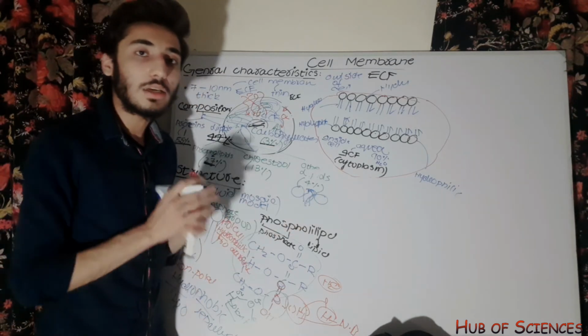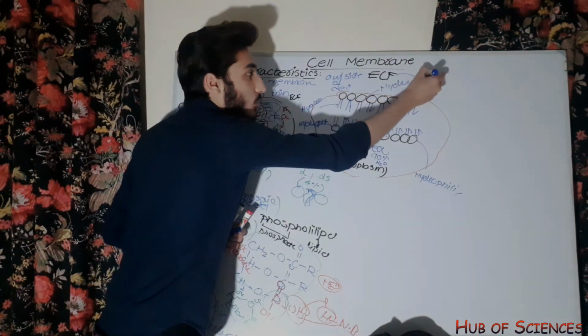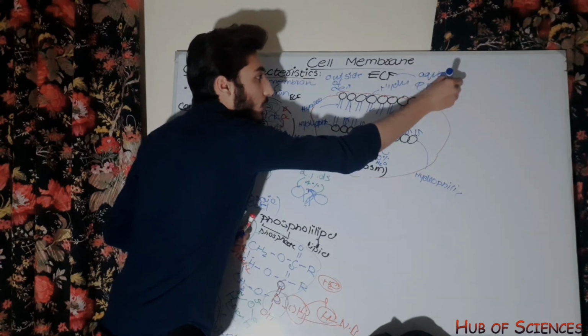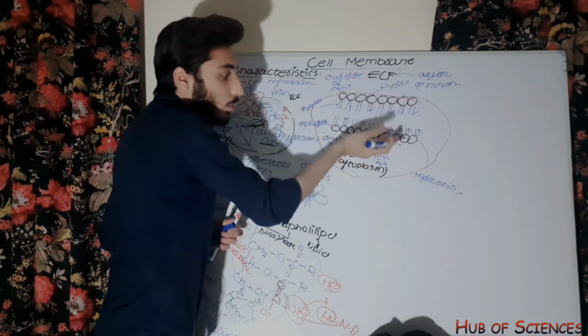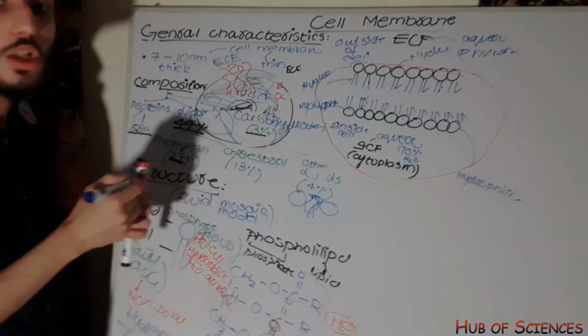Interstitial fluid also contains a large amount of water, so we also call the ECF an aqueous environment. So the heads are lying towards the aqueous external environment and also towards the aqueous internal, or intracellular, environment.